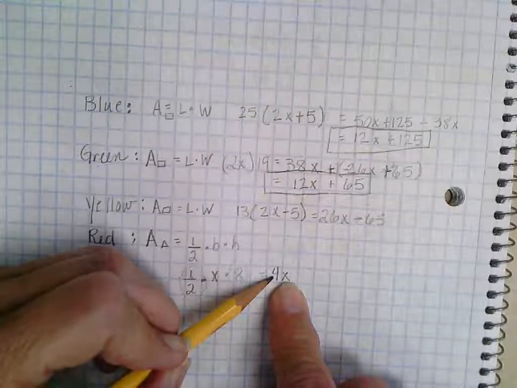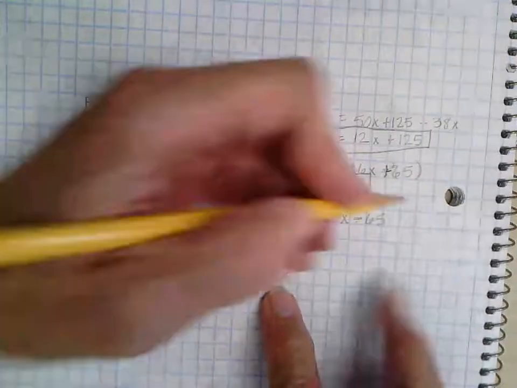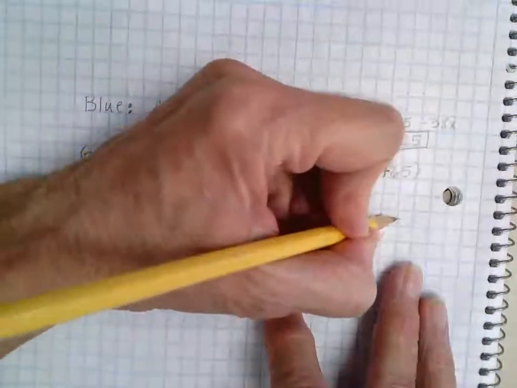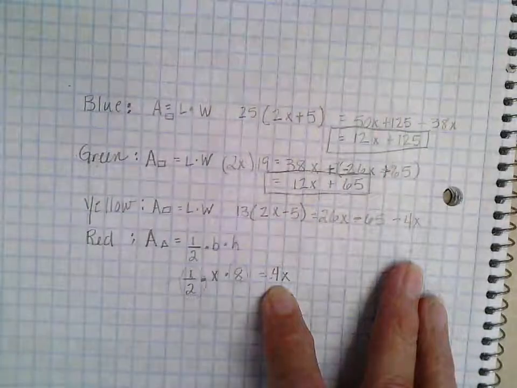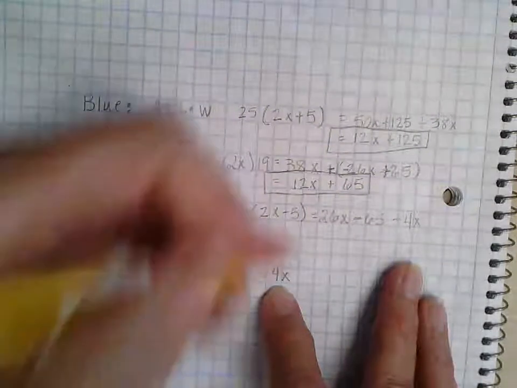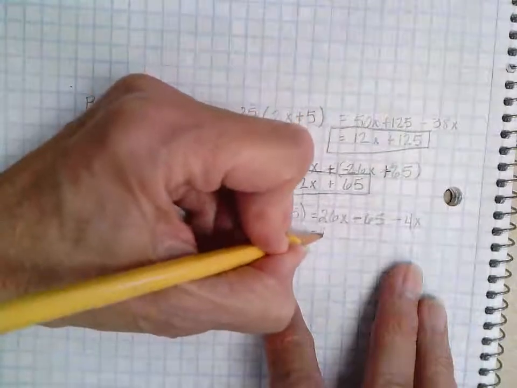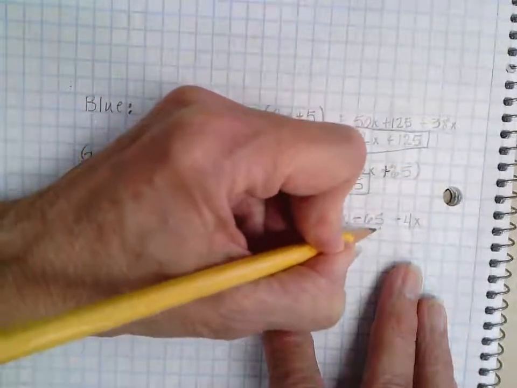So when I subtract 4x from 26x minus 65, I'm going to get 22x minus 65.